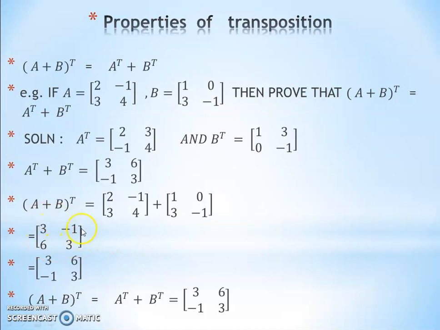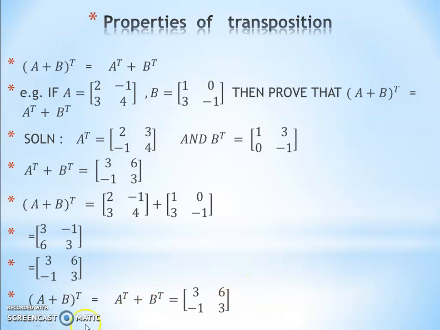Now we take the transpose of this matrix. 3 minus 1 is the first row, written as column 1: 3 minus 1. 6 3 is the second row, written as column number 2: 6 3. We observe that (A plus B) whole transpose is equal to A transpose plus B transpose, and on both sides the answer is 3 6 minus 1 3, the same matrix of order 2 by 2.